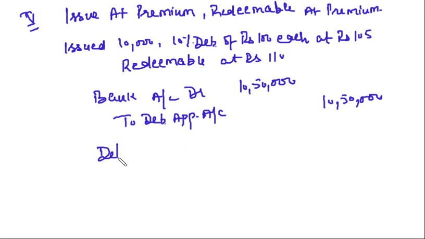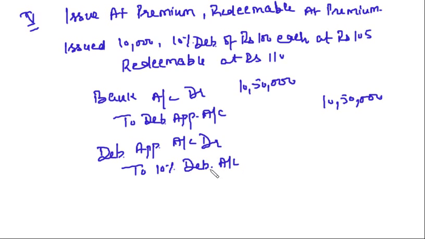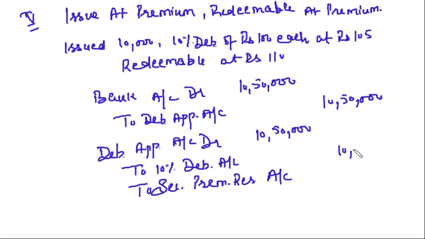Then debenture application account debit to 10% debentures account and to securities premium reserve account. How much? 10,50,000. In the debentures, you will take face value, and securities premium is always taken to a separate account known as securities premium reserve account, and 50,000 will be taken to securities premium reserve account.